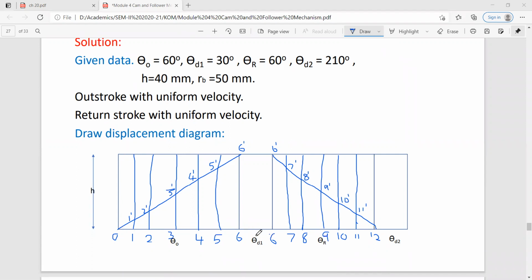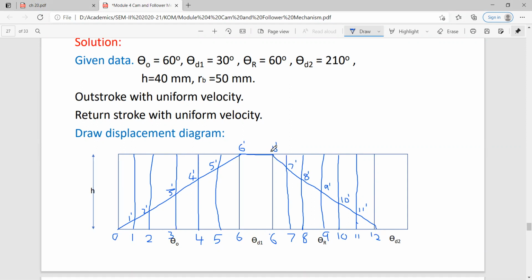Then after that we consider that there is angle of dwell, meaning during this dwell period there is no change in position of follower. So you can see that I have shown these two positions at the same height. And then there is angle of return, where the follower is returning to its lowest position.